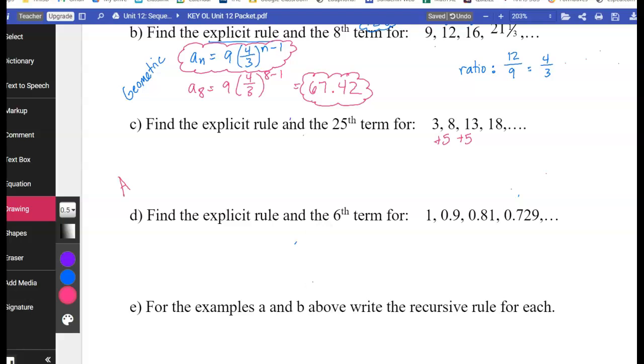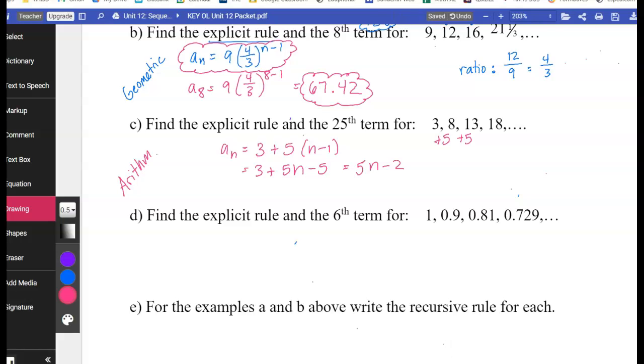Yes. Meaning if I'm writing down my explicit rule, it's just going to be a sub 1 plus the common difference times n minus 1. Simplify this down, and I get 5n minus 2.